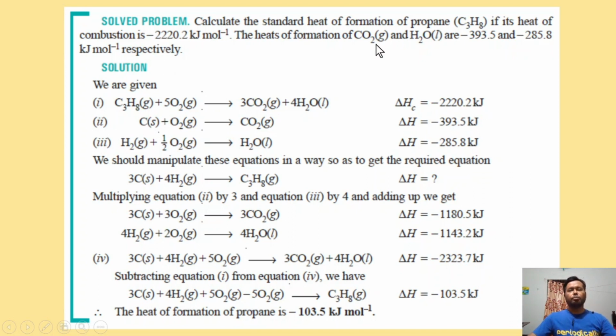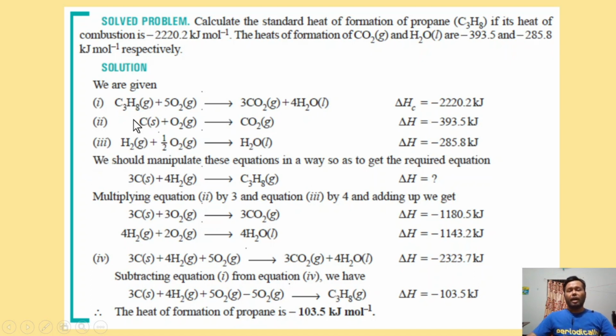Again the heat of formation of carbon dioxide is given: carbon plus oxygen produces carbon dioxide, and delta H is equal to minus 393.5 kilojoule. Again the heat of formation of liquid water is given, minus 285.8 kilojoule.